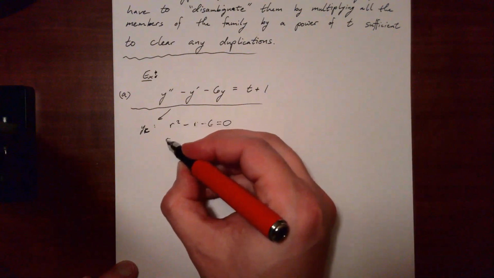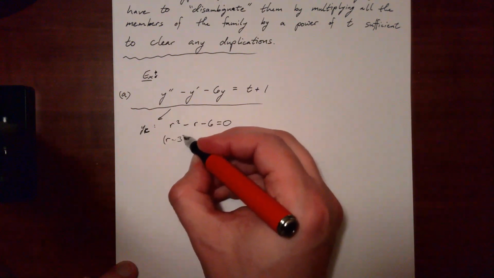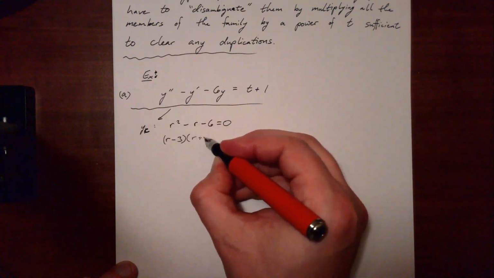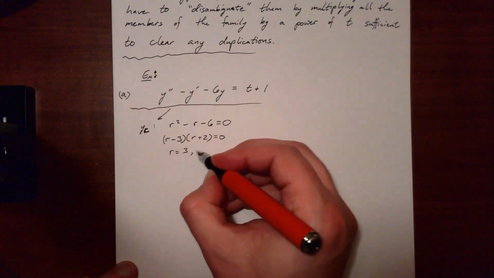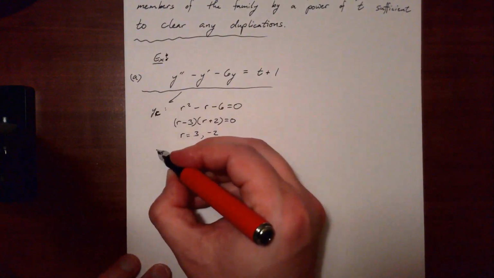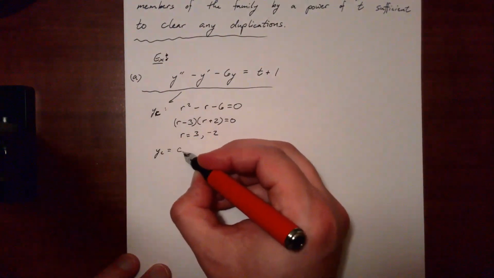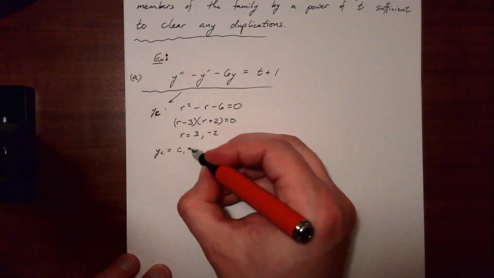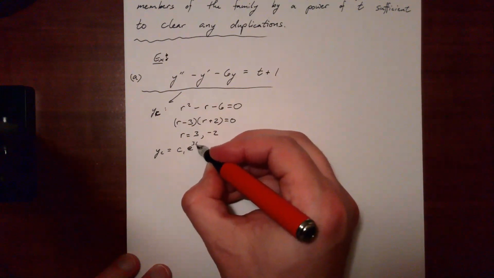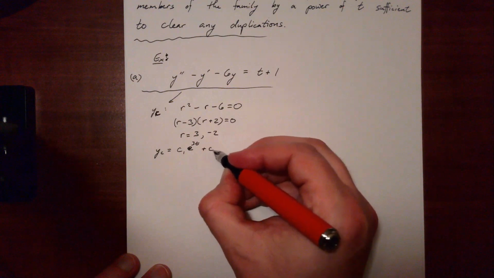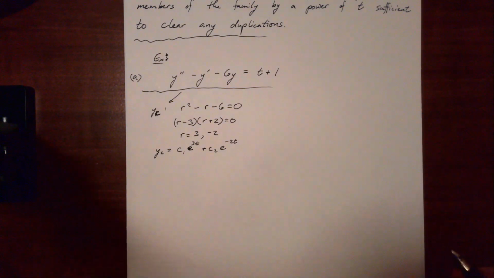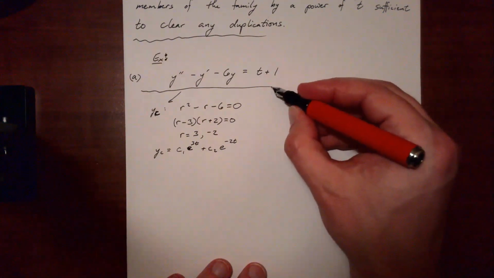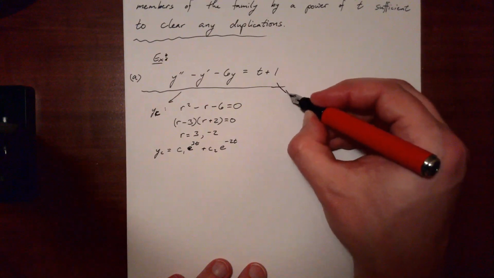So in other words, we've got r minus 3 times r plus 2 equals 0, giving us r equals 3 and negative 2, and giving us a y complementary of c1 e to the 3t plus c2 e to the negative 2t. Alright, so that's how the complementary solution is found. It's just like what we've been doing.